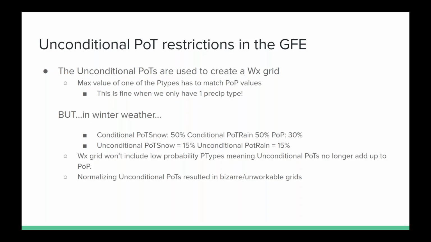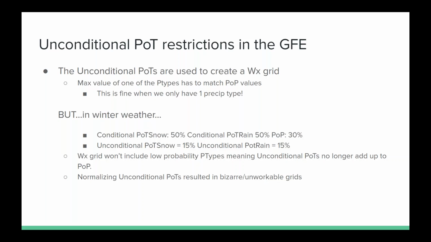This is an example here for in winter weather. Your unconditional probability of snow then becomes 15. Your unconditional probability of rain is 15. If you were to apply that to the typical weather grid, those would be slight chance values, but the PoP is 30, so that's incorrect.